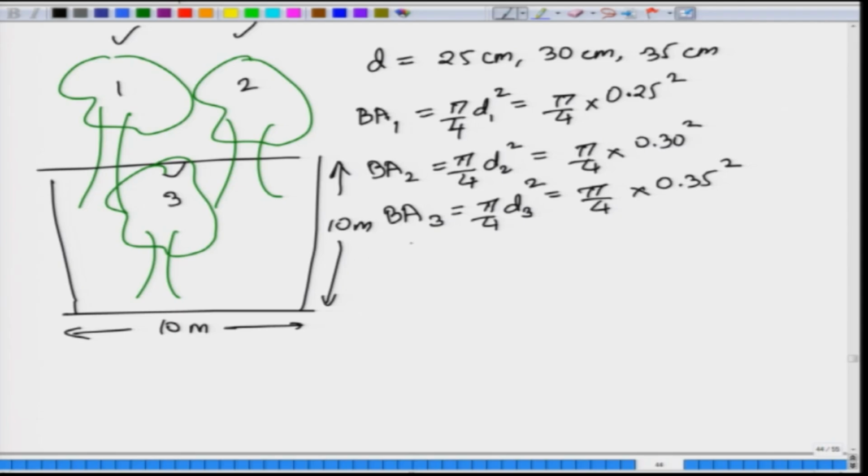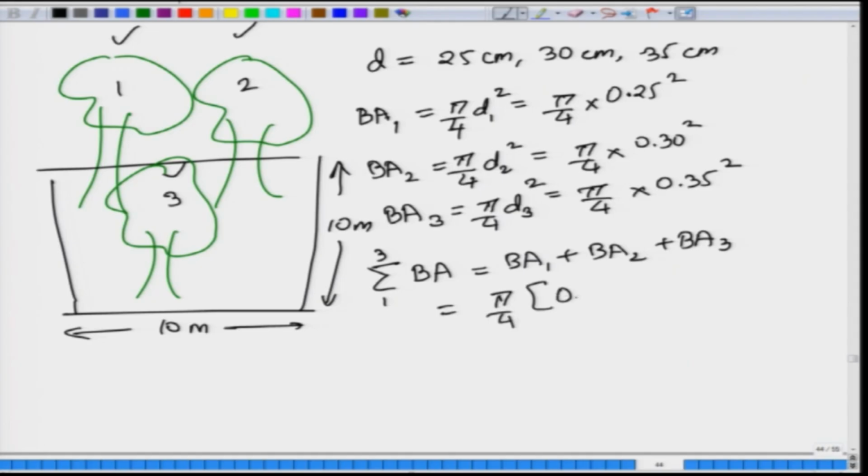Now, the total basal area, the sum of the basal area from tree 1 to 3, is given by BA1 plus BA2 plus BA3. So, you have pi by 4 into 0.25 square plus 0.30 square plus 0.35 square. This sum comes out to be 0.216 square meters.